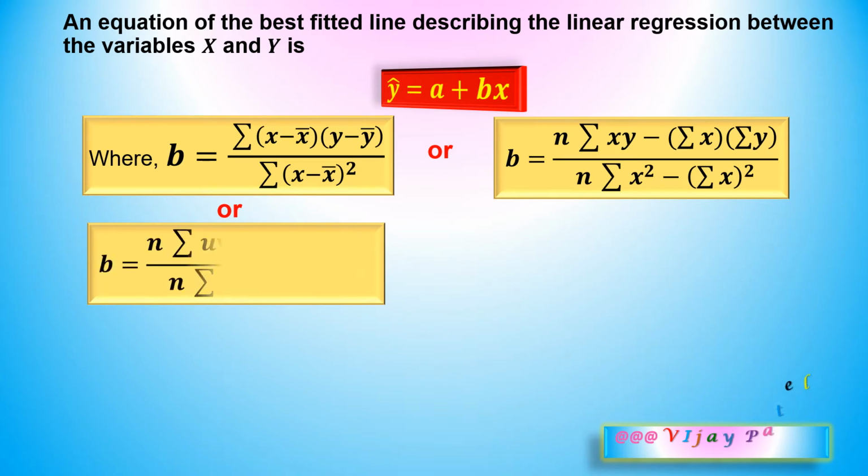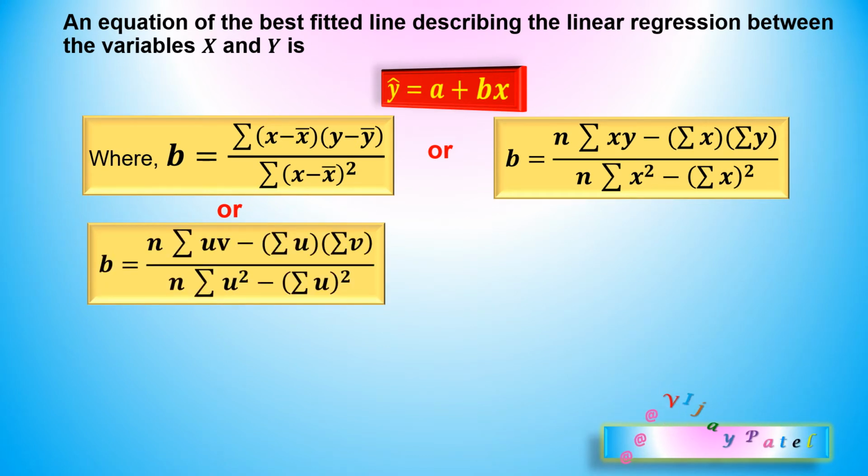Or b is equal to n sigma uv minus sigma u into sigma v upon n sigma u square minus sigma u whole square. This formula is used when x bar and y bar both are non-integers or any one of them is a non-integer. But there are two formulas to find b by the shortcut method. This is the first one.